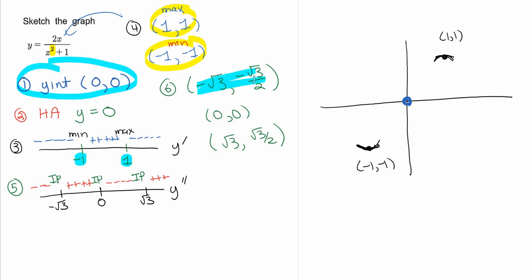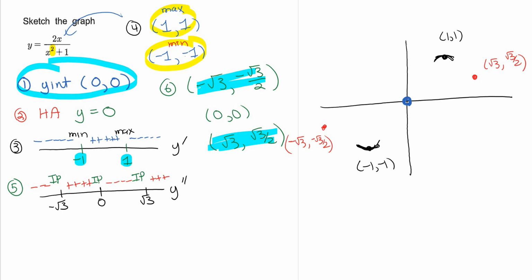Okay, and after that, let's go ahead and plot the inflection points. So there's an inflection point at -√3, -√3 over 2, and there's also an inflection point at √3, √3 over 2. So if I plot those points, this is going to be the point roughly √3, √3 over 2, and then there's a point over here, which is -√3, -√3 over 2.